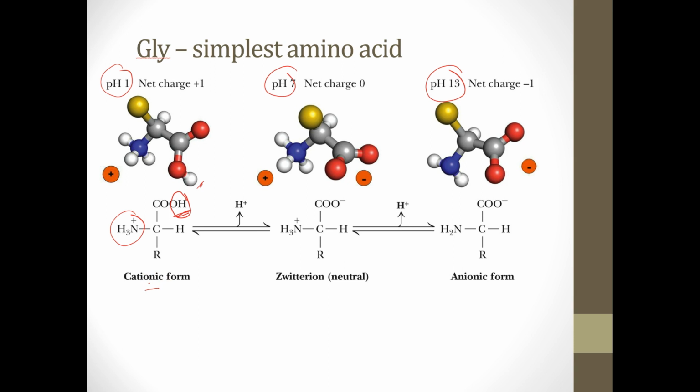If we start to make the solution more basic, tend it towards neutrality, we get the Zwitterion, or we have a net neutrality. And that's because if you have a pKa of around 2 here, and a pKa of around 10 here, at pH 7, you're going to see nearly 99.9% plus deprotonation of the acid because the acid can behave as an acid and donate its proton to the medium.